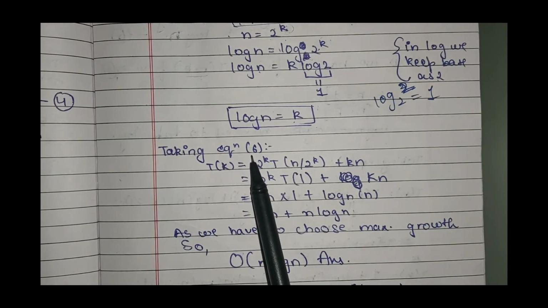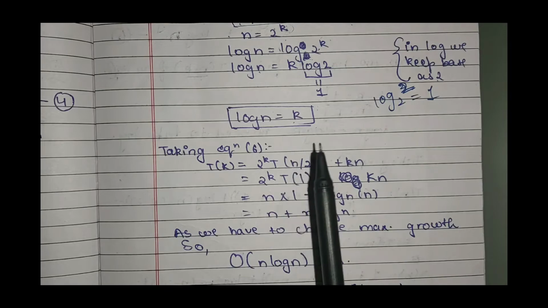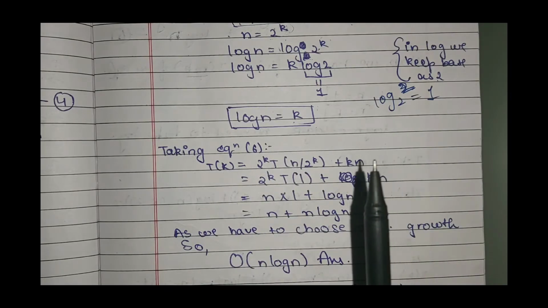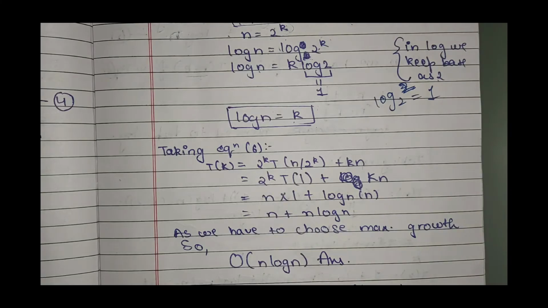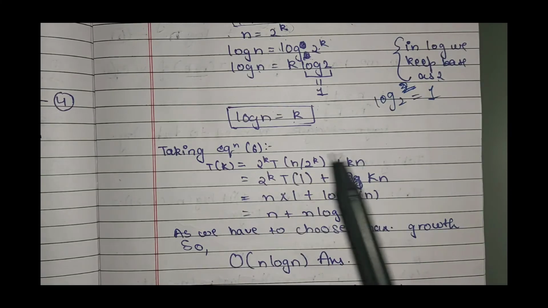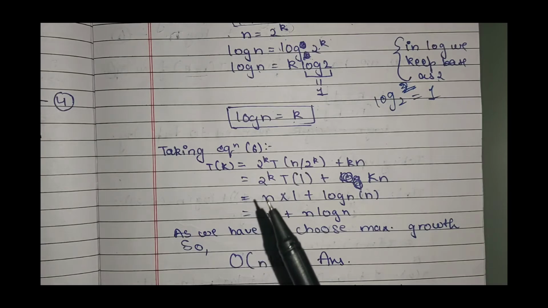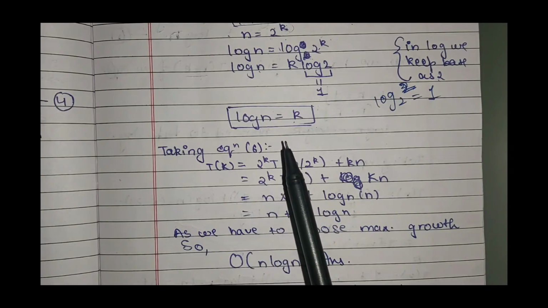Now taking equation 6, the generalized equation that we have found, T(k) = 2 raised to the power k T(n / 2^k) + kn is the function. Now what we'll do is put log n in place of k. Wherever we are having k, we'll put log n, right?